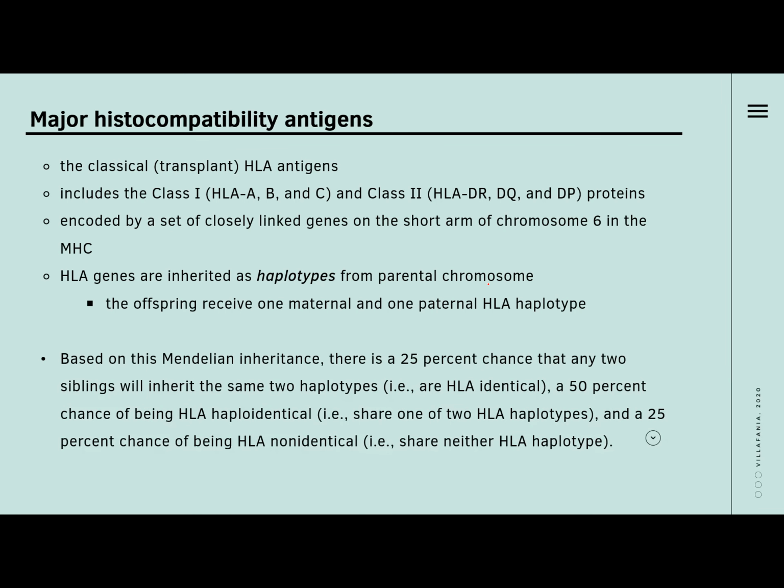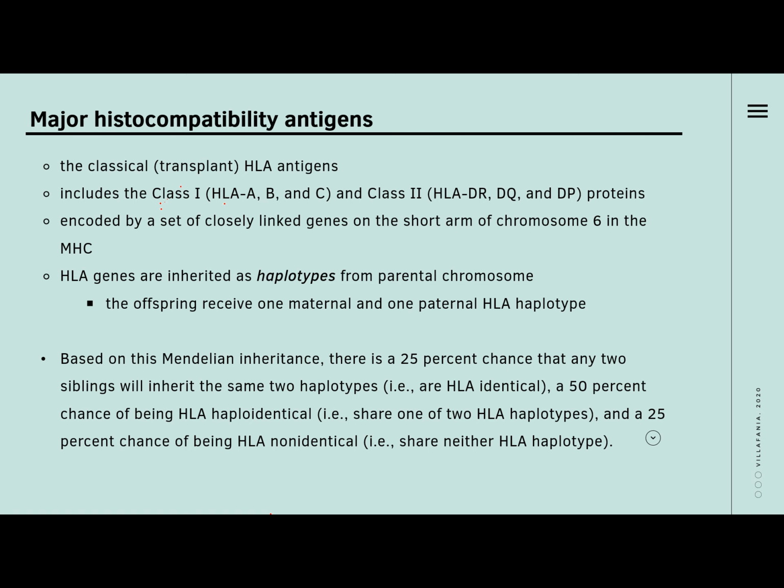Let's go now to the so-called major histocompatibility antigens or your HLA antigens. So as I mentioned earlier, these are the ones that are required, the immunological barrier, class. Now they would include two types or two classes, MHC class 1, MHC class 2, or your HLA class 1, class 2.